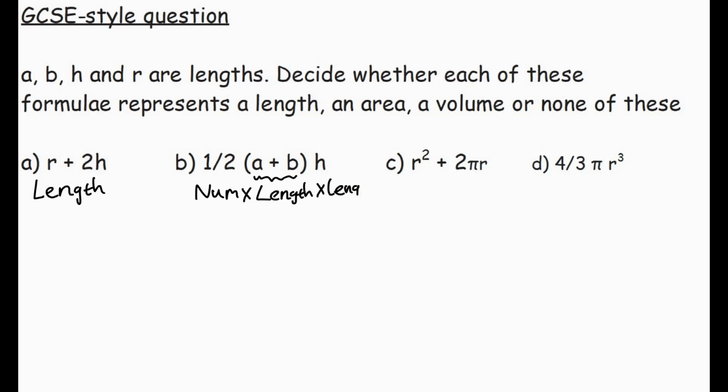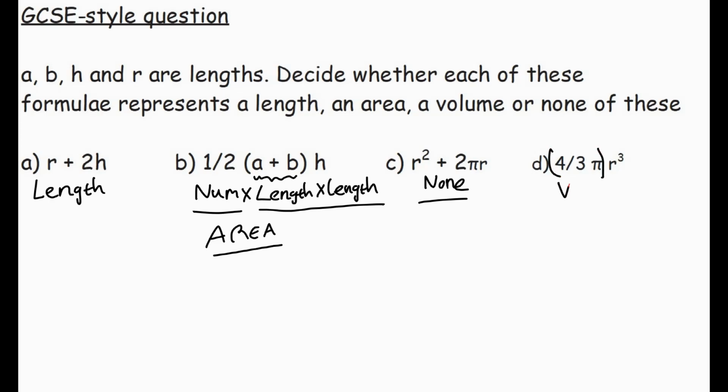So you have a number times a length times a length. Length times length is area. Number times area is area. In C, we have none of these because you are trying to add an area and a length, which you're not allowed to do. And then lastly, in D, 4/3 pi is a number, r cubed is a volume, so we have a volume.